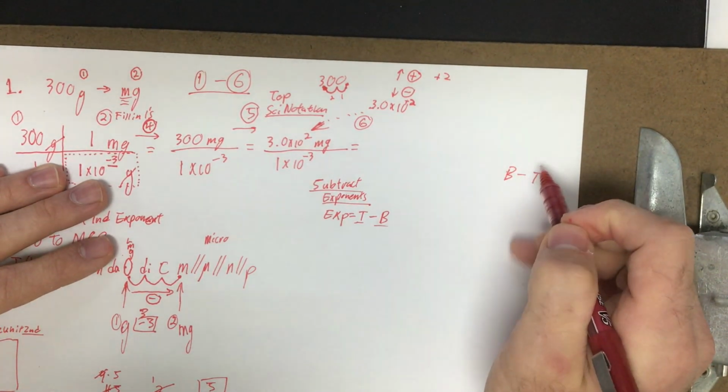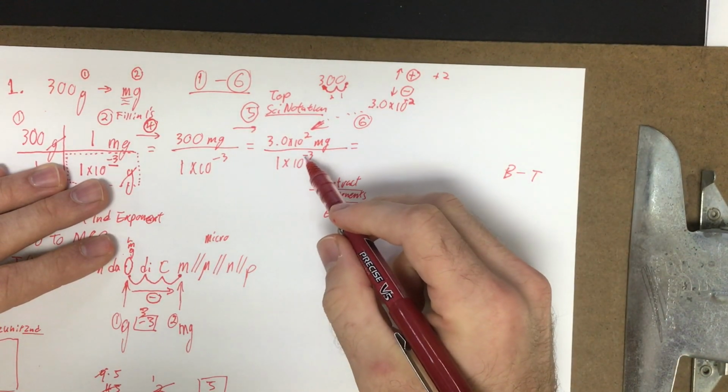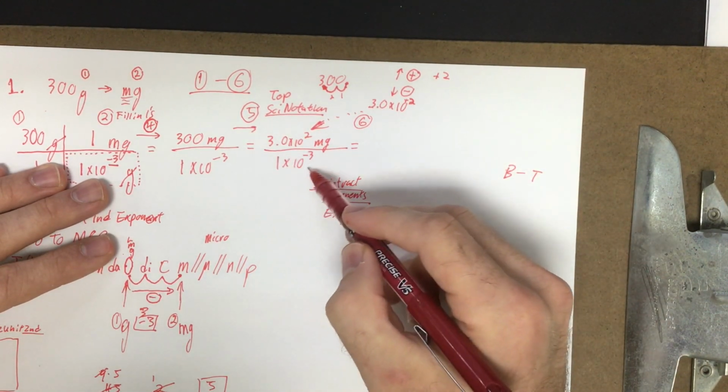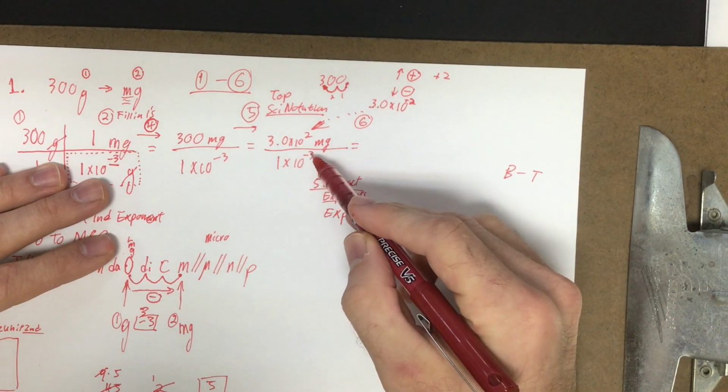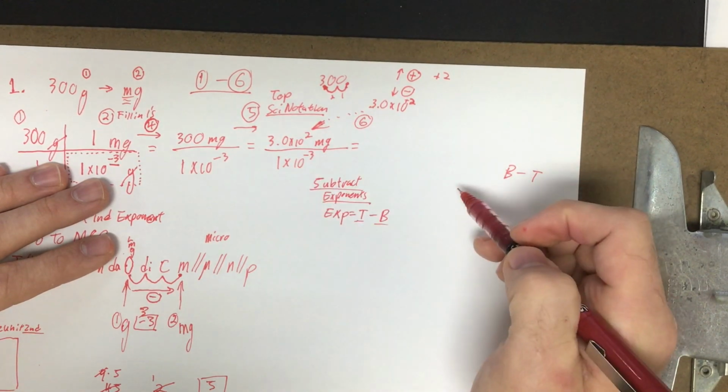And that's all because we know that exponents that are on the bottom are really the opposite sign if I just put them on the top.